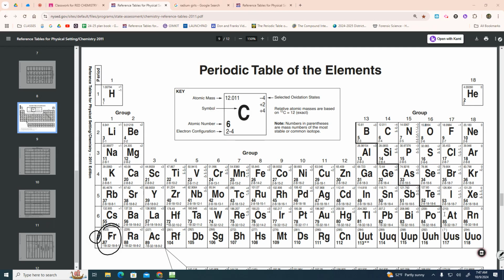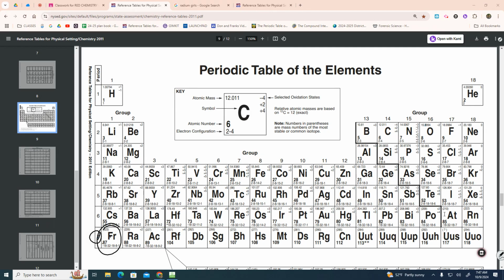Okay, so you always want to keep in mind that we're not going to pick that last column, the last group 18, for if they ask you for the most reactive. Because that group is called the noble gases. And the noble gases don't react. They have full valence shells. Okay? So keep that in mind.